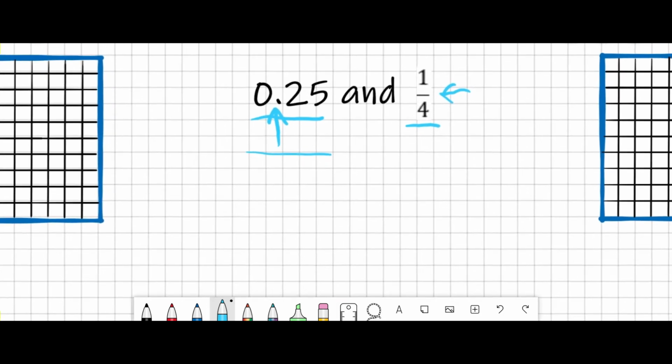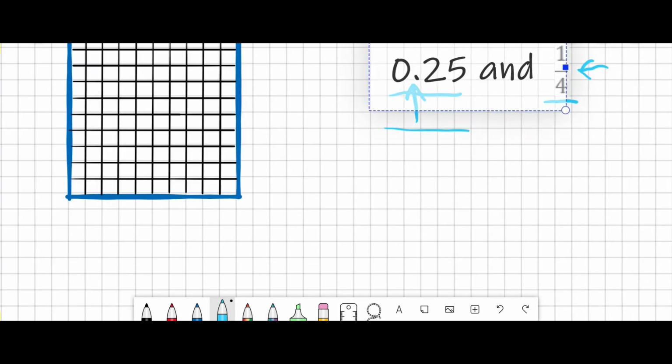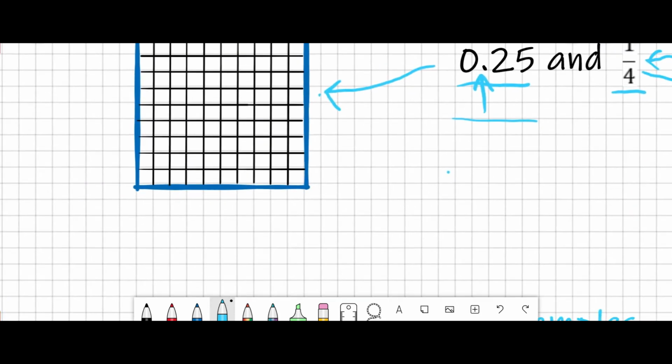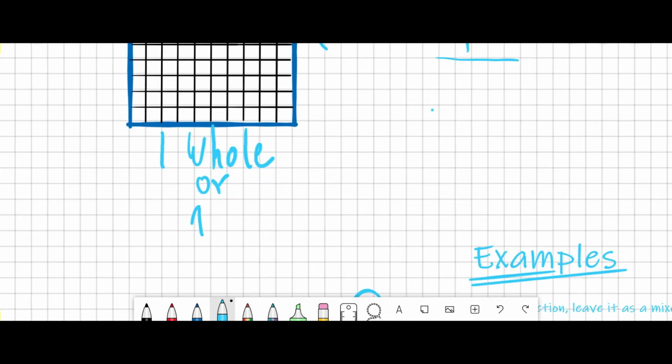So it'll be easier for you to understand if I draw a picture. Let's color in the 0.25 in this square and color in the fraction in this square. For this example, I'm going to ask you to think that this whole blue square represents one whole, or 1.